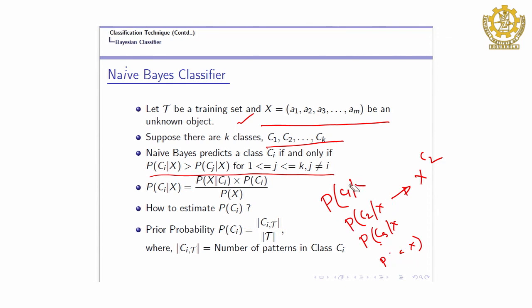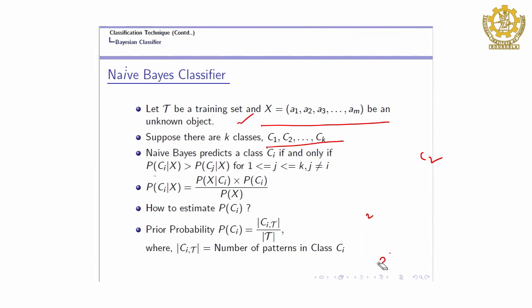Now, we go much deeper here. We will be using the same formula. The probability of Ci, for any class, given X, we can write as probability of X given class Ci into probability of Ci, divided by probability of X. As I said, this denominator is no need to compute. So, what remains is that we have to compute only the numerator part.